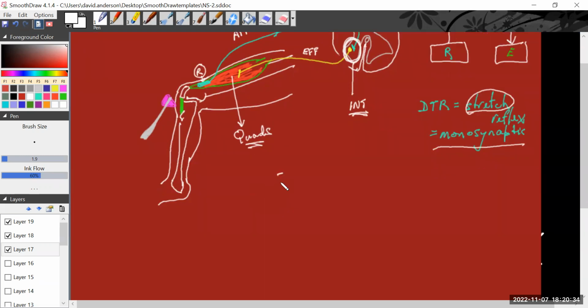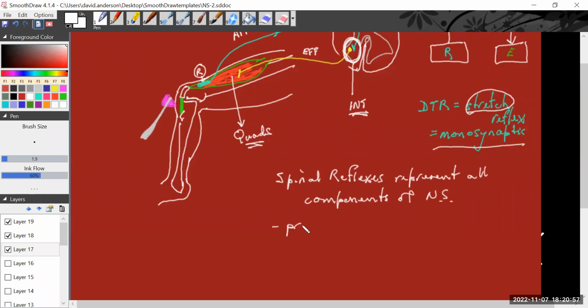So spinal reflexes, and spinal reflexes are primitive, right?